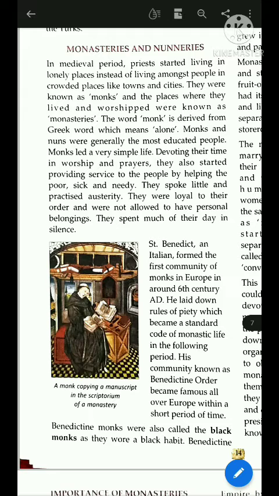They spoke little and practiced austerity. They used to speak less and practiced austerity. Austerity means tapasya.